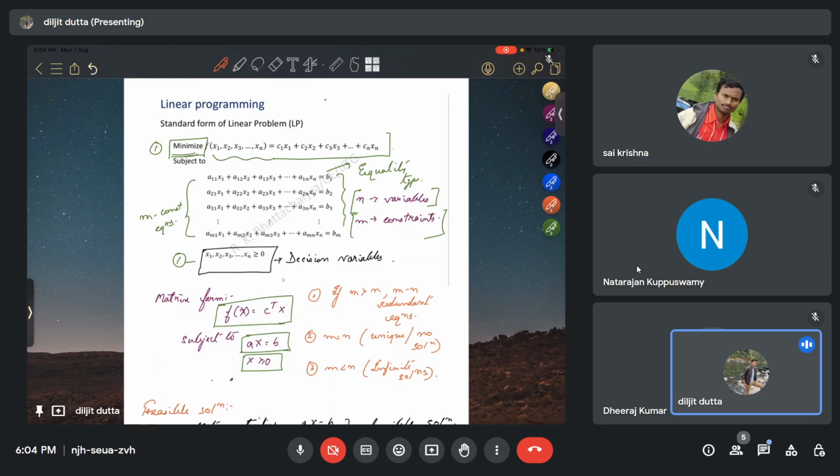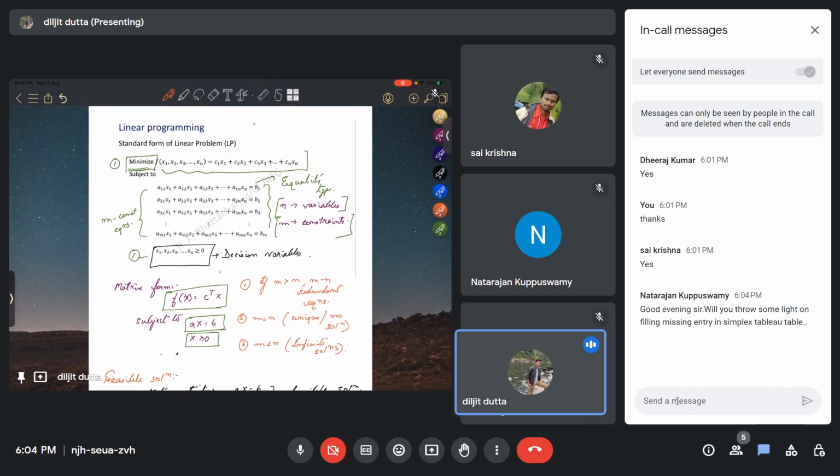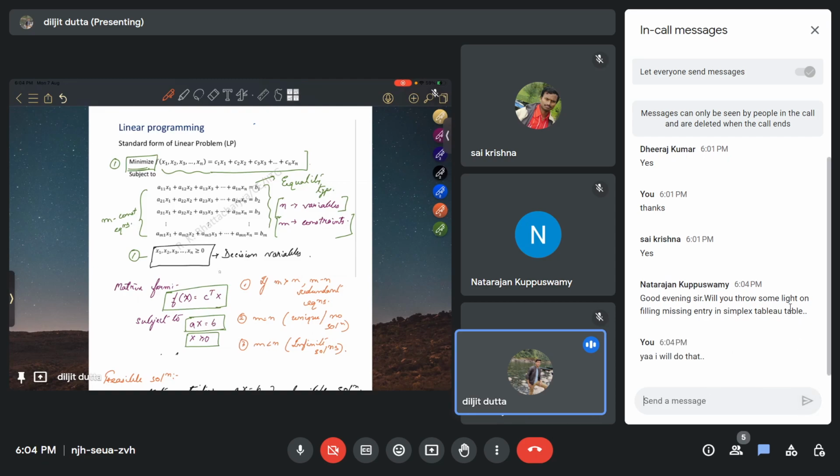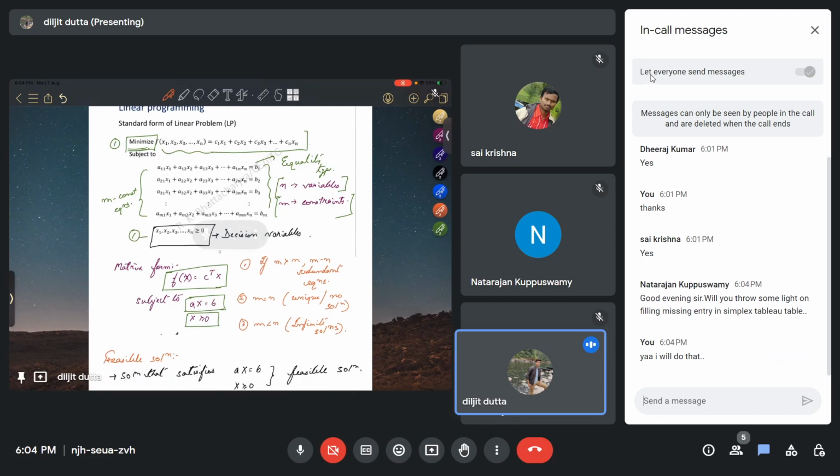Linear programming is optimizing. I'll go into the simplex method, but initially I will brush up the concepts and then we'll solve numericals.